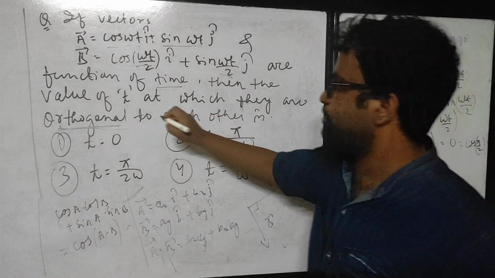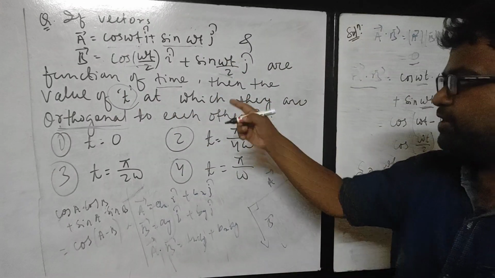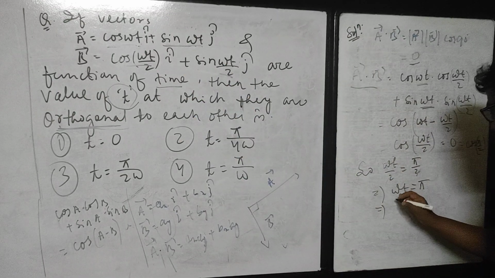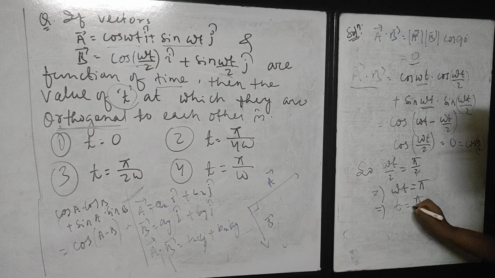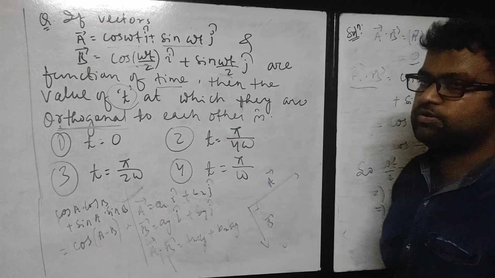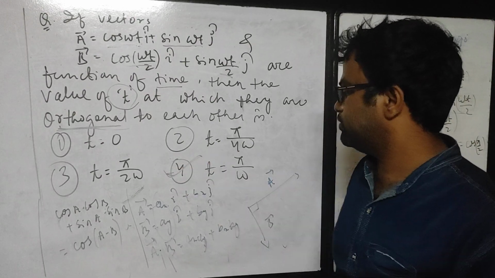According to the question, what will be the value of t so that the two vectors are orthogonal? We have omega t equal to pi, so t will be pi by omega. So for t equal to pi by omega, both vectors A and B will be perpendicular or orthogonal to each other. So option number 4 will be the answer.